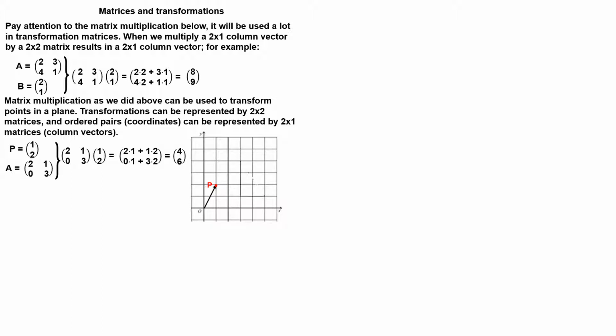We can see that the A matrix has changed the point P to the point P1. The point P1 is called the image point of point P. The A matrix changed the position of point P, and it is called a transformation matrix. To transform a point with coordinates x and y by a transformation matrix, multiply the two matrices together.